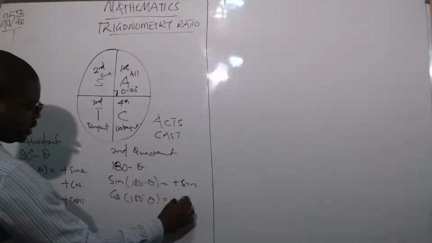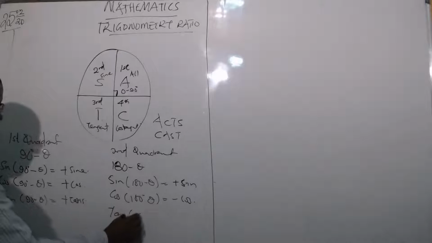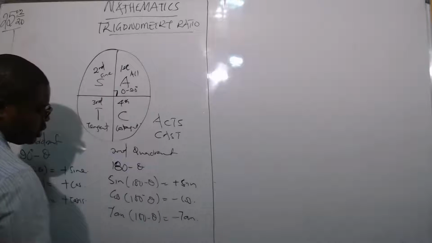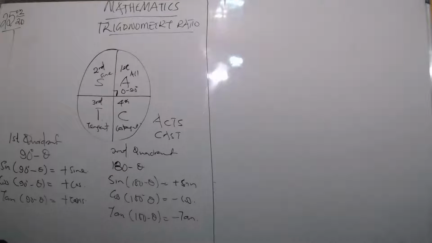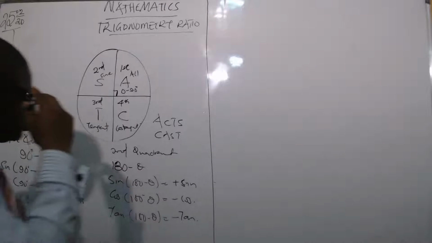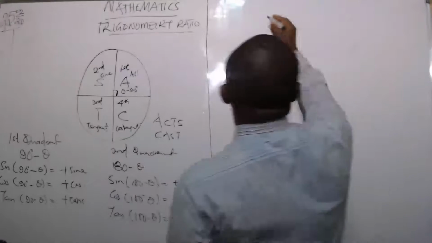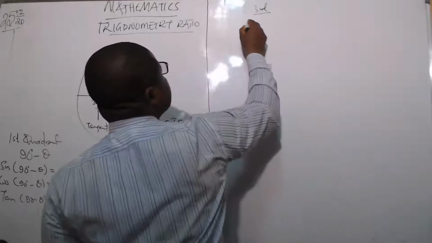Our cos in the second quadrant is negative. We have tan of 180 minus theta. Our tan is also negative. Take note of all this. We said in the second quadrant and in the first quadrant, it's going to help us. Now we see the third quadrant, and we say in the third quadrant, only tan is positive.